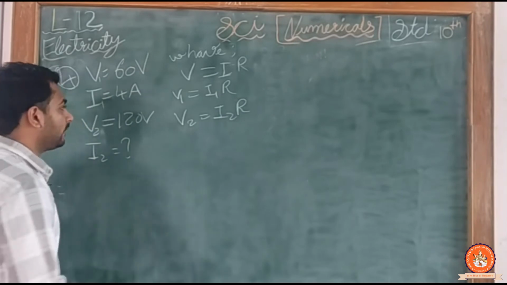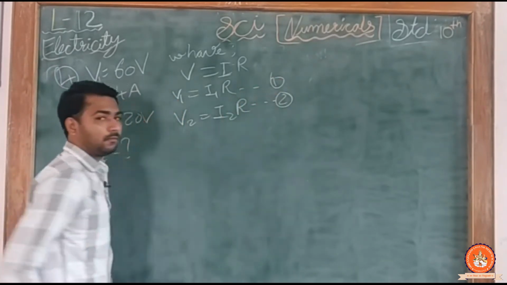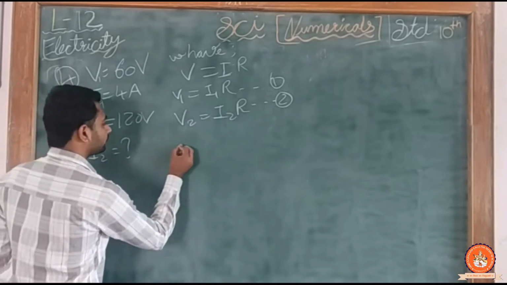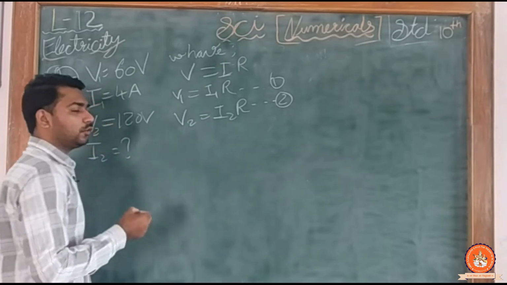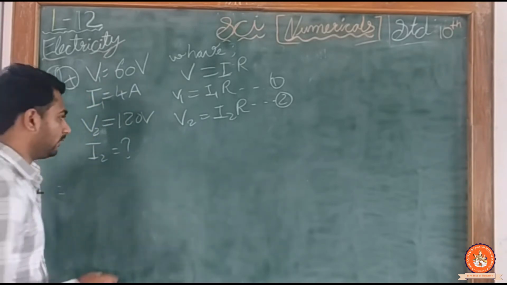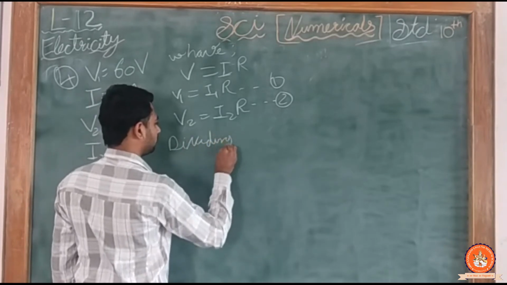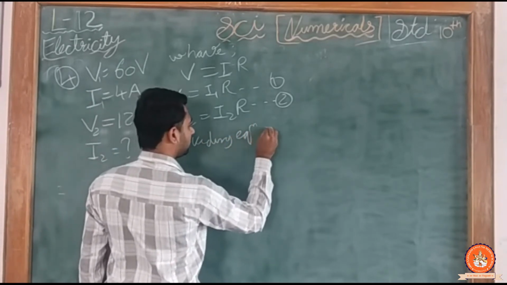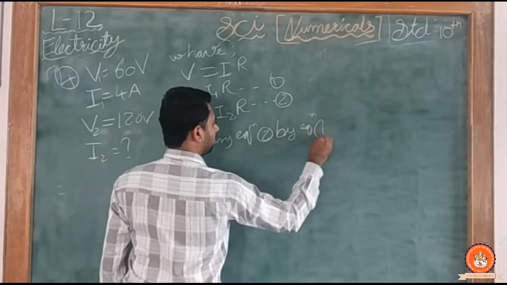Now this is our equation 1 and this is our equation number 2. Now what we will do, we will divide equation 2 by equation 1.